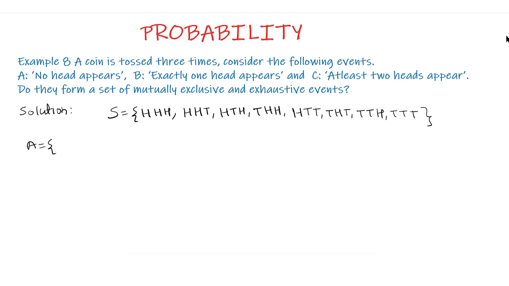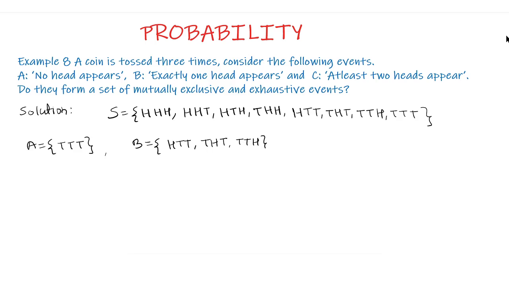Event A, no head appears. So in all the throws, TTT is the element in event A. Now event B, exactly one head appears. So the elements in set B are HTT, THT, and TTH.